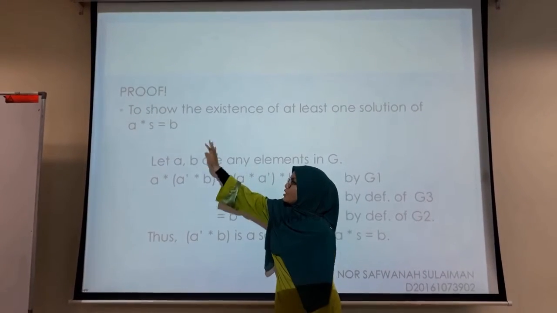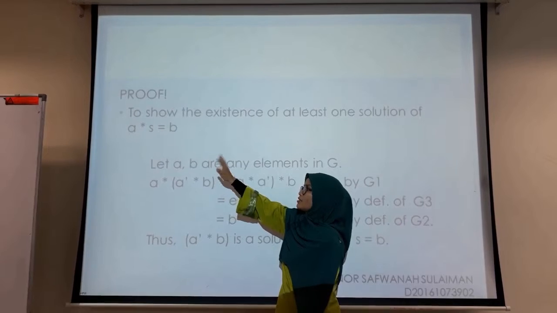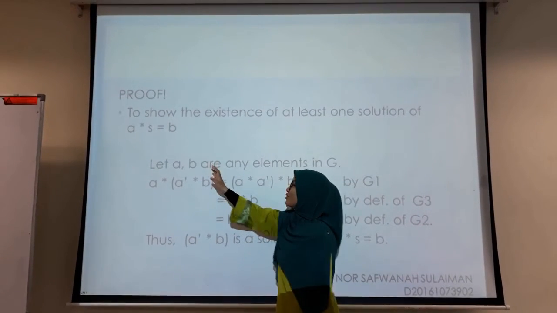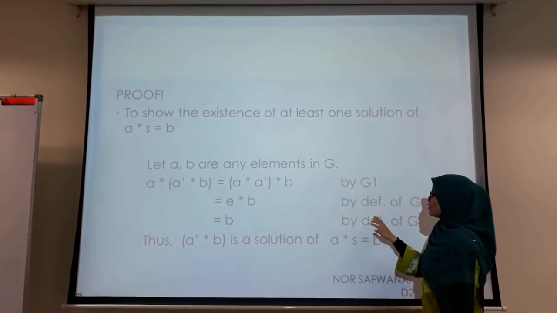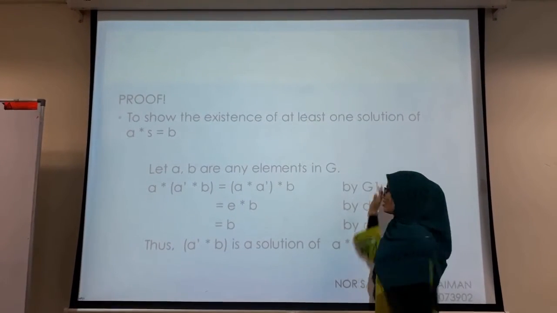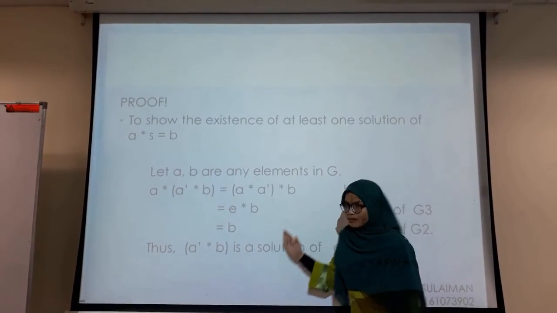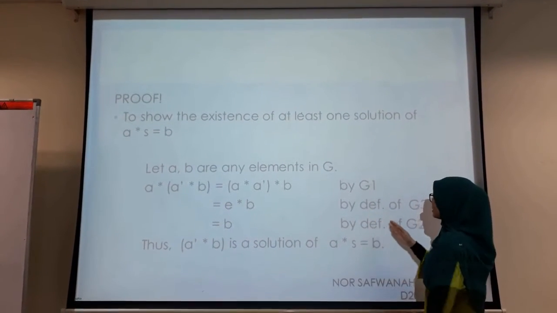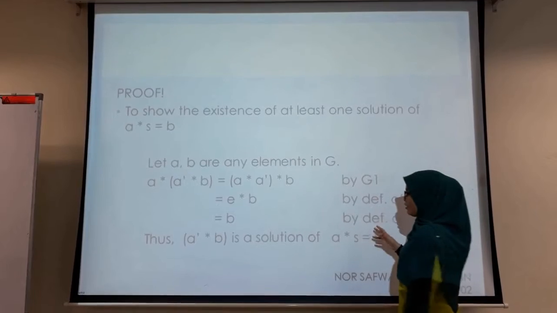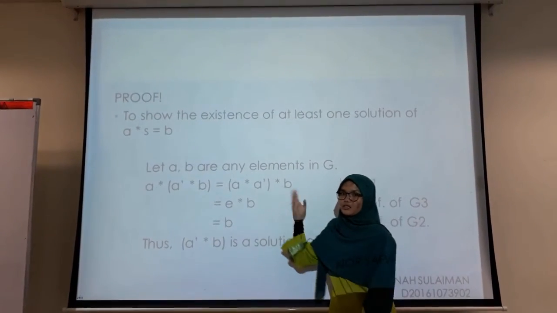So you just take either A star X or Y star A, then we can solve it by using the definition of the group. Either you can use associative, identity, or inverse. It's up to you how you see the solution.